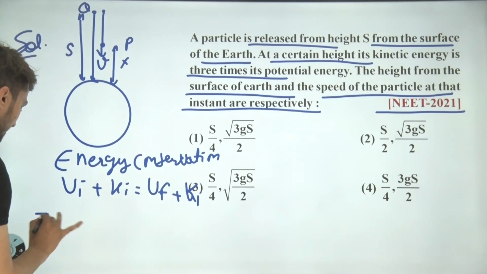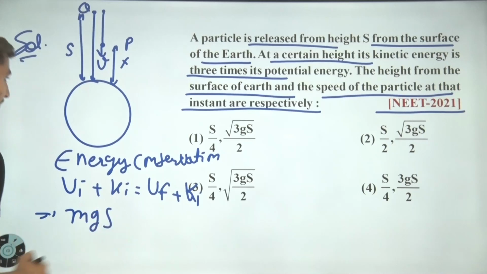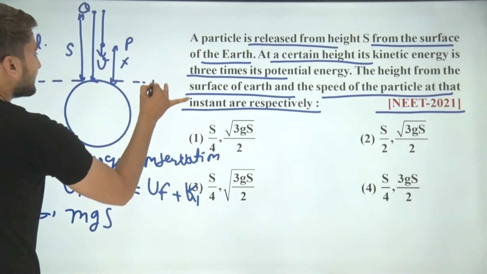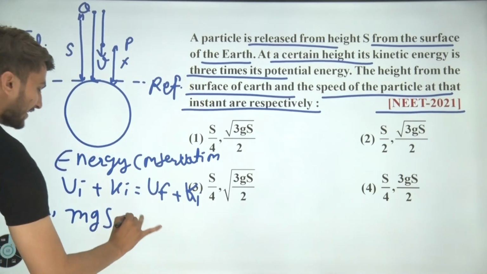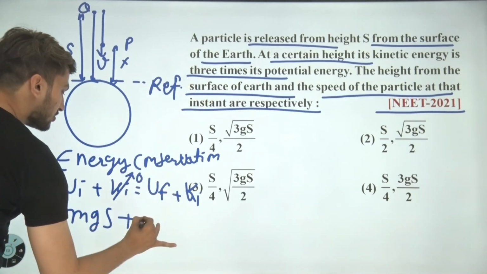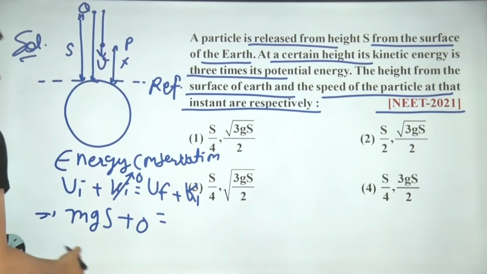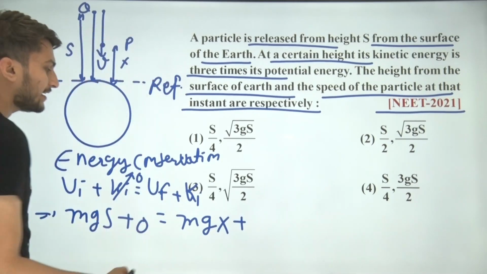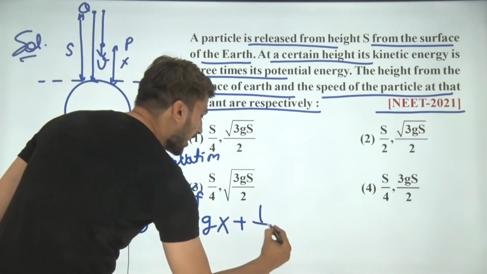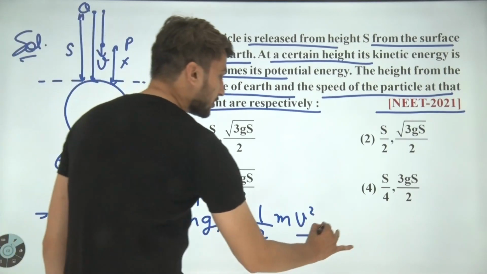Initial potential energy is mgS, taking this as our reference line, plus initial kinetic energy, which is 0. Final potential energy is mgx plus final kinetic energy, half mv square. So this is our equation 1.